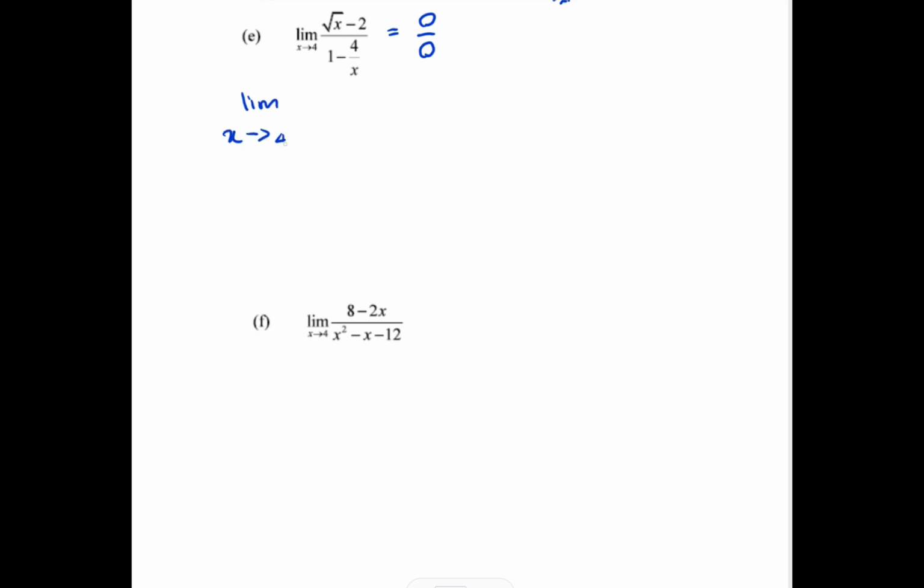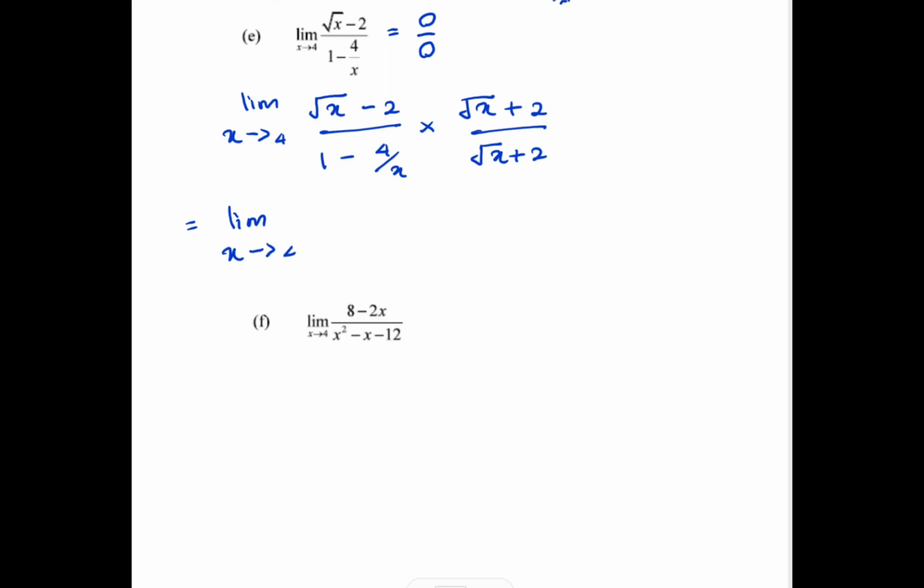So you can get limit as x approaches 4 of (square root of x minus 2) divided by (1 minus 4 over x), times the conjugate, which is (square root of x plus 2) divided by (square root of x plus 2). Solving this, you can get limit as x approaches 4 of (x minus 4) divided by (1 minus 4 over x) times (square root of x plus 2).